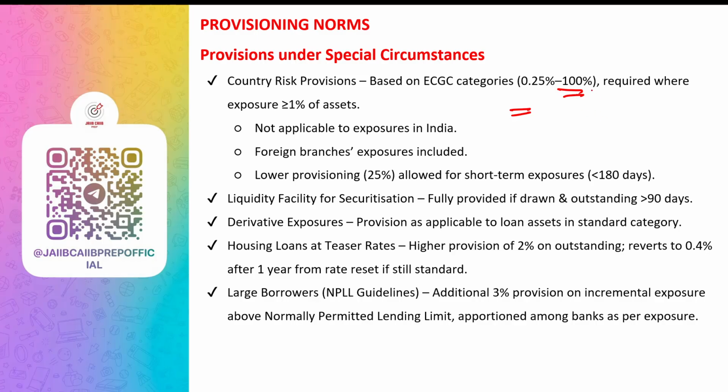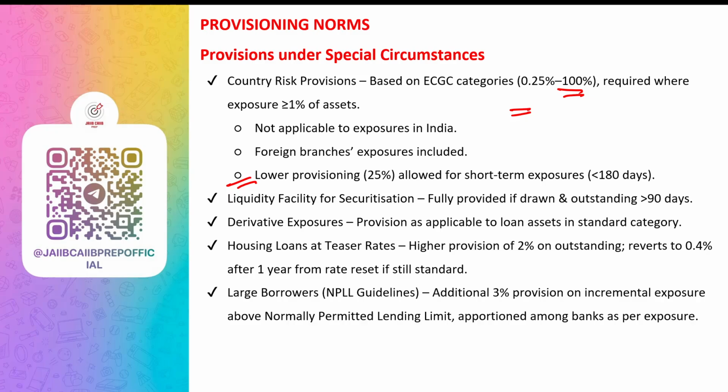So it ranges from 0.25% to 100%, and it depends on the risk category rating, which is done by ECGC. This is in addition to the provision based on asset classification. Foreign branches of Indian banks must include their host country's exposure, and lower provisions may be used for short term exposure where the exposure is less than 180 days.